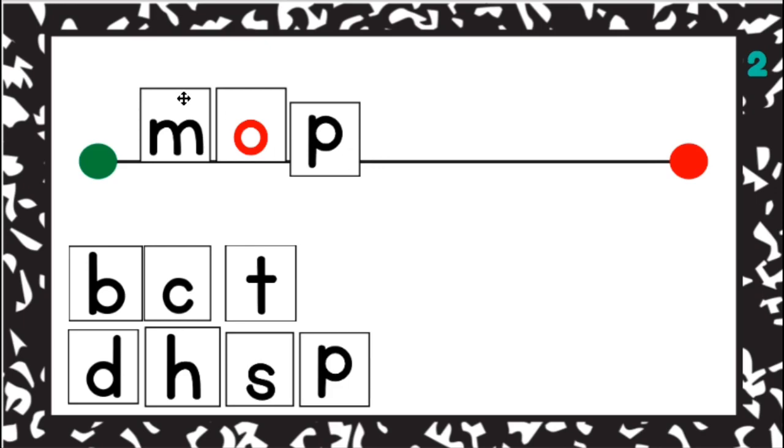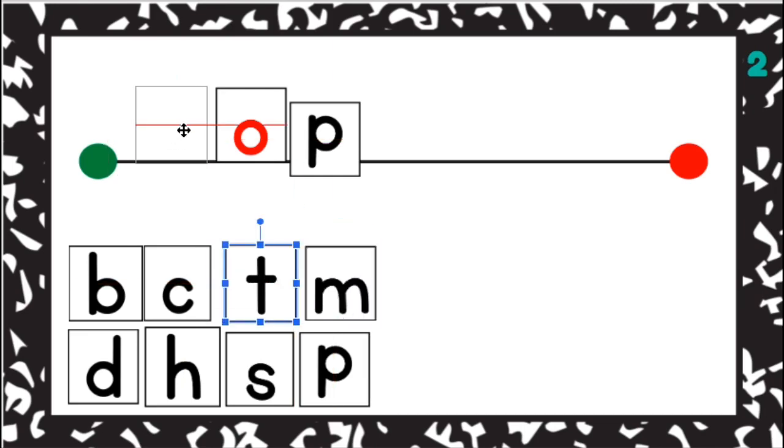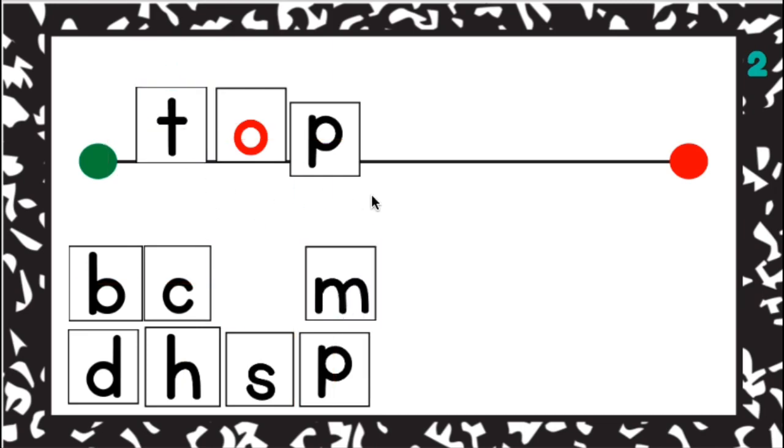Now I want to change the word mop to the word top. T, ah, p, top. So I need a t again. Now I have the word top. Please make sure and write down the words pop, top, and mop on your paper.